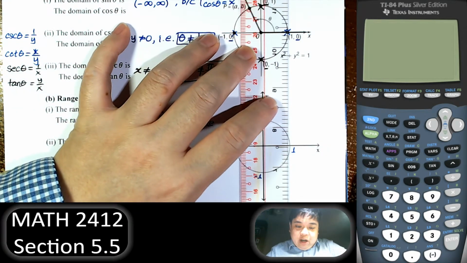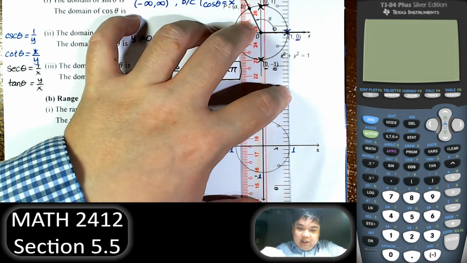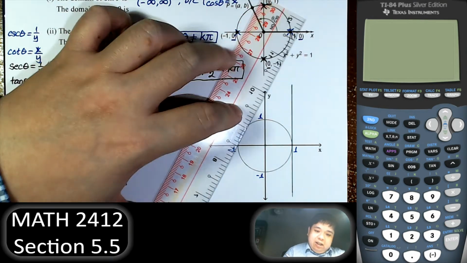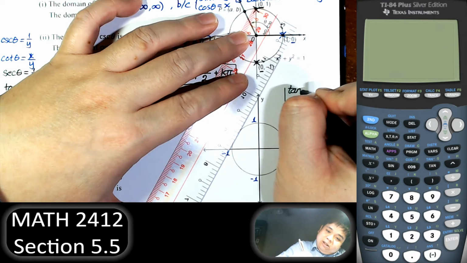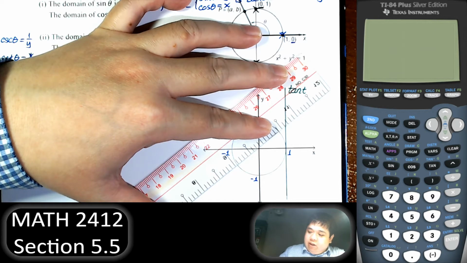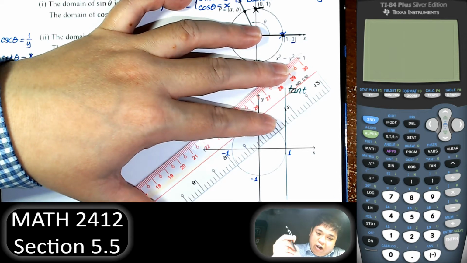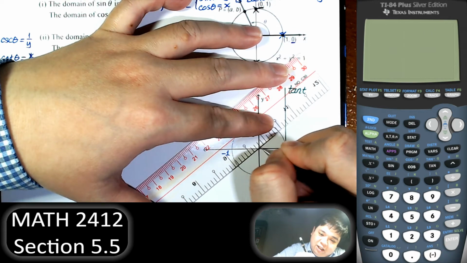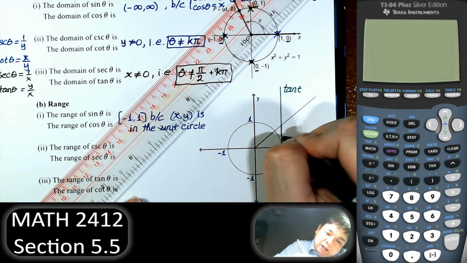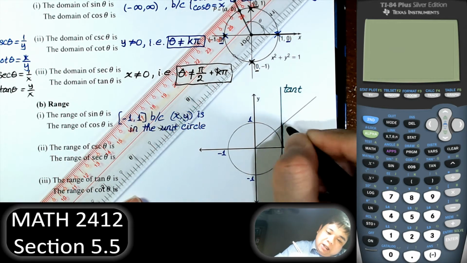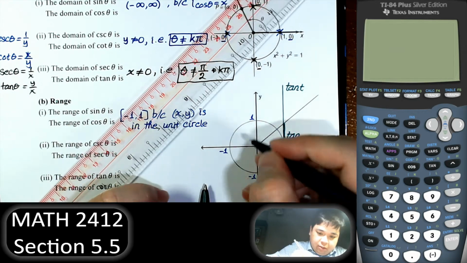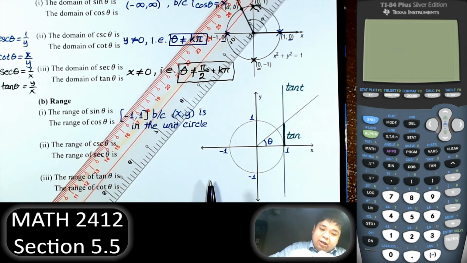All right, now, if we have the unit circle, and then we draw the tangent line, in that case, this is called the tangent axis. For example, if we draw a line like this, the distance here is tangent of theta.